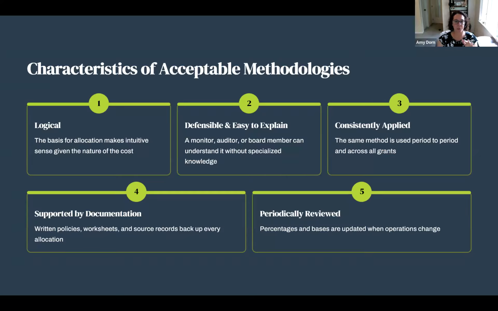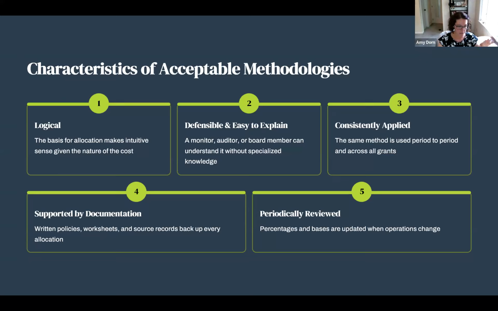This is why when you go into some agencies, they have over-engineered their cost allocation process so that they have pools, and then it goes to this pool, and then it goes to this pool, and then you're getting down to the number of copies that the copier ran.